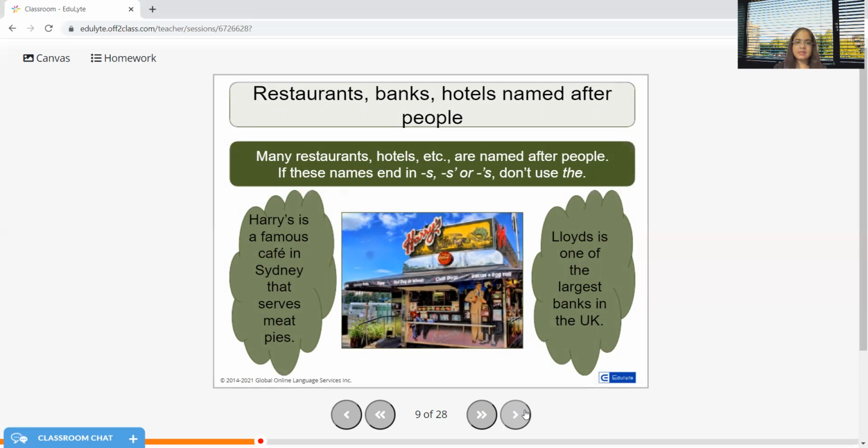So Harry's is a famous cafe in Sydney. Harry is the name of a person. This particular cafe is named after Harry. Similarly, Lloyd's is one of the largest banks in the UK. So we don't have to use the before these names.